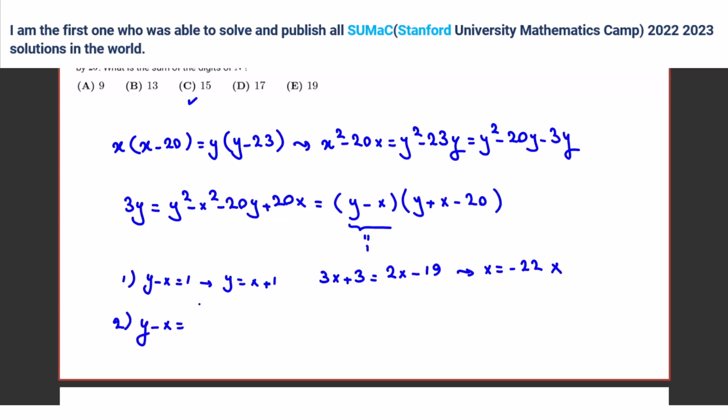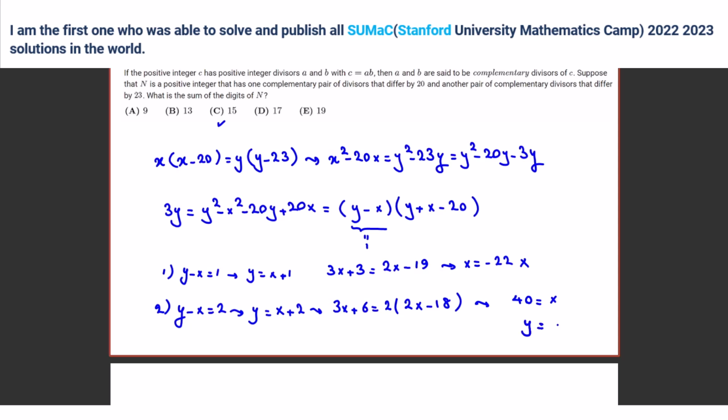So y minus x is 2. So y is x plus 2. So 3x plus 6 is equal to 2 times (2x minus 18), right? Yeah. 4x minus 3x, x is equal to 36 plus 4, which is 40, right? Yeah. Then what? So x is 40, so y equals 42.